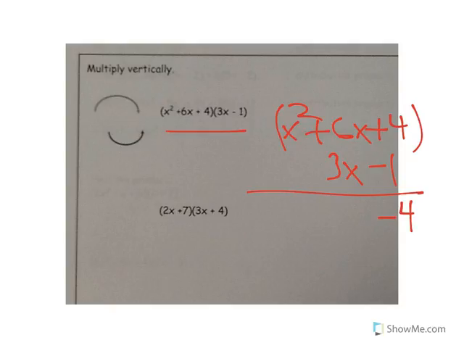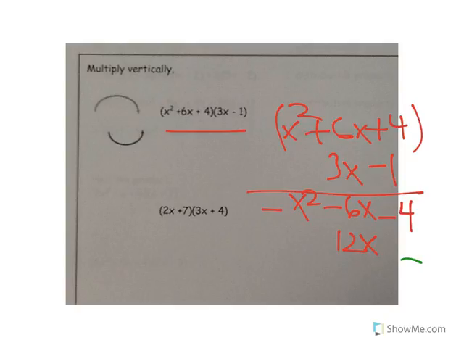Negative 1 times 6x is going to be minus 6x. Negative 1 times x squared is going to be negative x squared. Now 3x times 4 is going to be 12x, so I'm going to put it under here. That's the reason why I put it there, because I don't have anything in this spot. So the reason why I put it underneath the x is because it matches up.